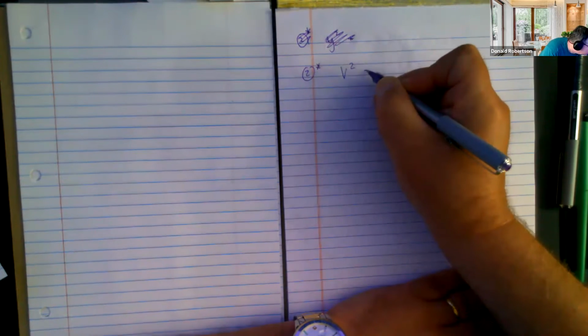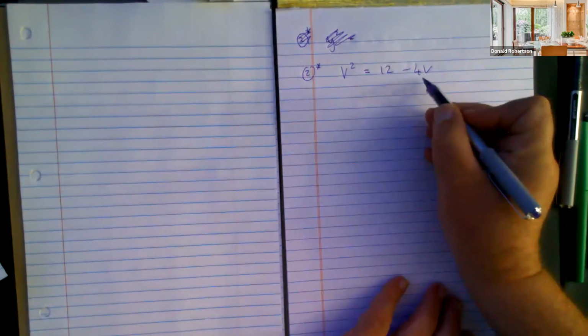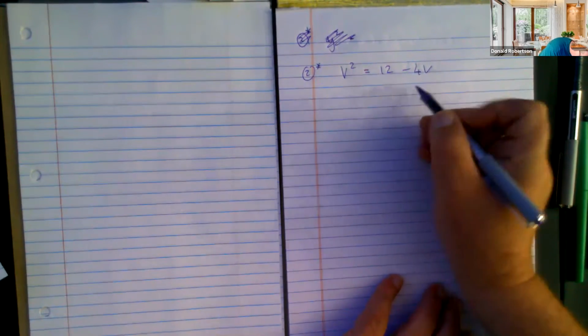Try this process on a homework question. This is question 2. The variables are not x, but that really doesn't matter. The variable happens to be v. So first stage is to rearrange this to its standard form.